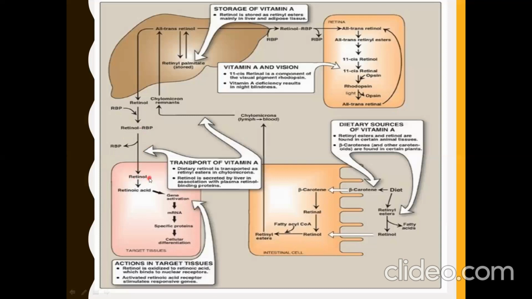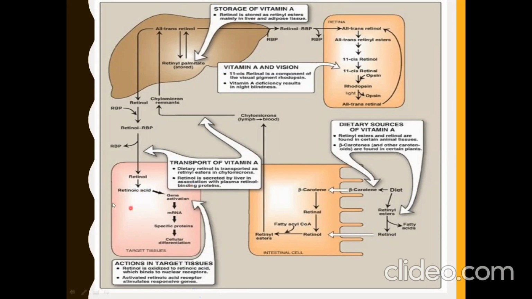In the cell, there is one more cellular retinol binding protein, where it reaches the nuclear receptor. So this retinoic acid is recognized by the nuclear receptors. There are two nuclear receptors: the retinoic acid receptors, RAR, and the retinoic acid X receptors, RXR.